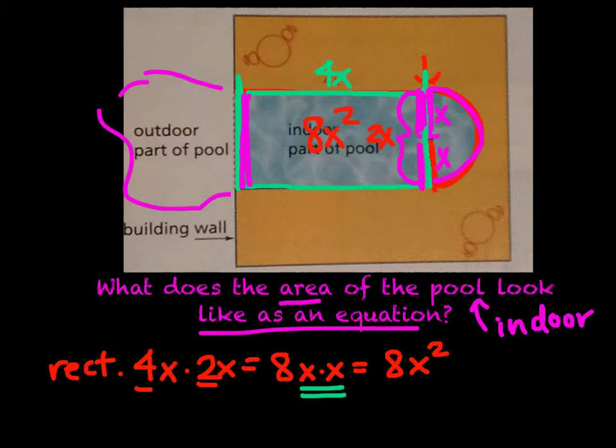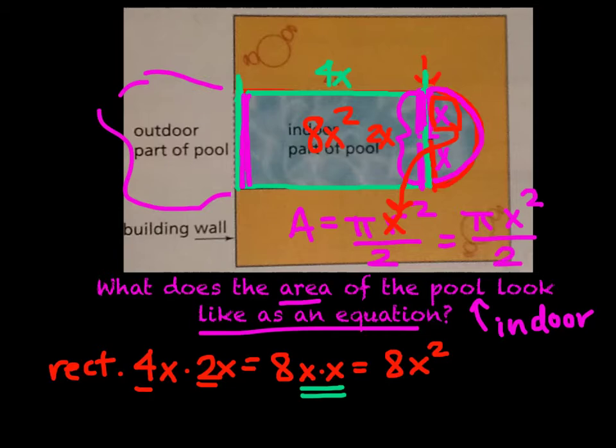First of all, the area of a circle is pi times the radius squared. But I'm only going to need half of that, so I'm going to divide by 2 right away. I also know that my radius is x, so instead of writing r, I'm going to put an x in there. So my area for this is pi times x squared divided by 2.